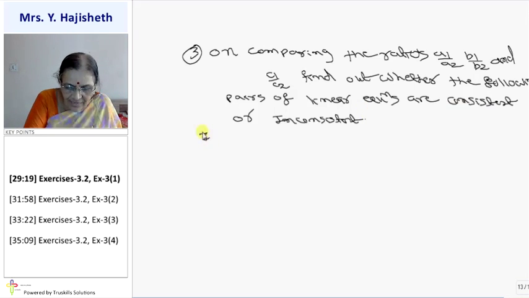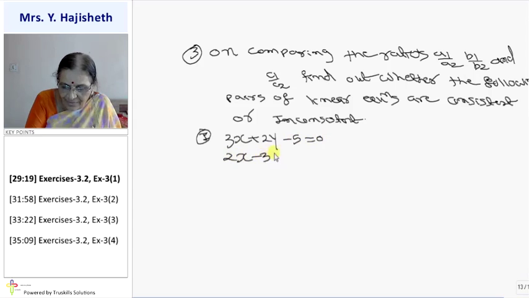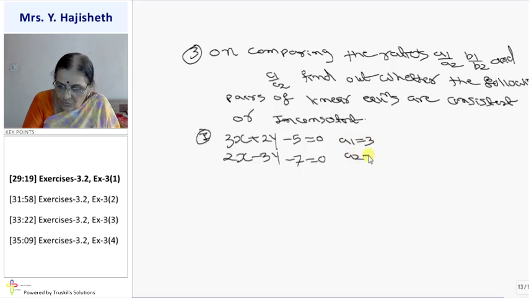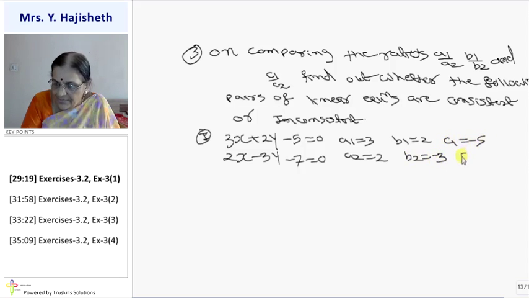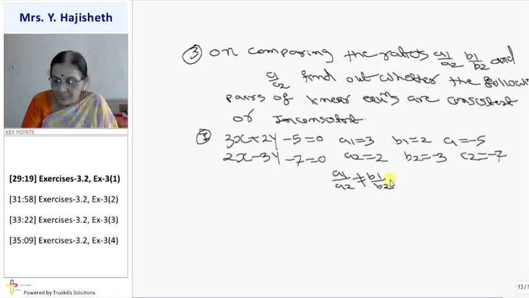Now see, first sum is given as 3x plus 2y minus 5 is 0 and 2x minus 3y minus 7 is 0. Here A1 is 3, A2 is 2, B1 is 2, B2 is minus 3, C1 is minus 5 and C2 is minus 7. Now here A1 by A2 is 3 by 2, which is not equal to B1 by B2, because B1 by B2 is minus 2 by 3.